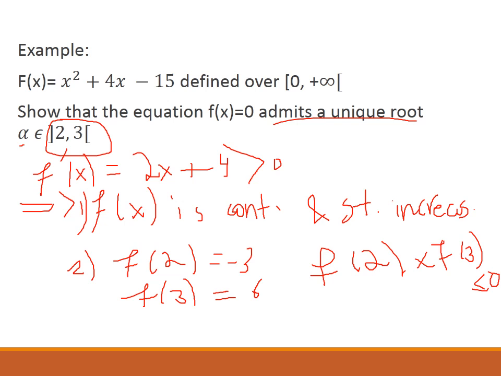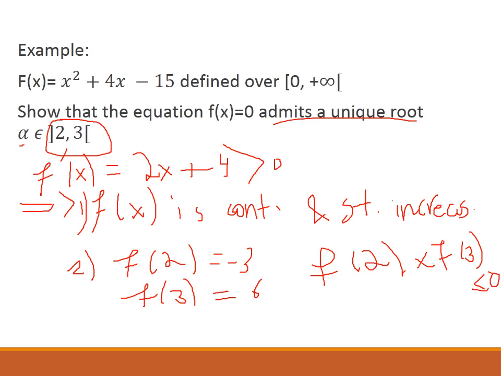First, let us prove that it's continuous. How can I prove this? We need first of all to do the derivative. What's the derivative of f of x? F prime of x equals 2x plus 4 over 0 to plus infinity, and this is a positive derivative. If f prime of x is positive, then what can we say?